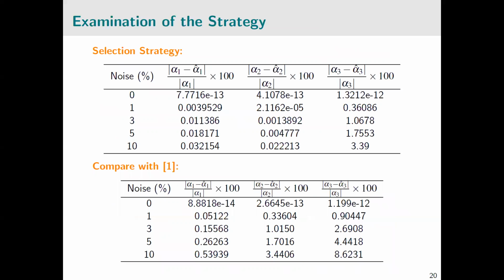And here is the result for the selection strategy. You can see the estimation errors in percent with respect to different noise levels, from the noise-free case up to 10% noise. And we can see the results are very satisfactory. They are even better than the ones we got before when we used only the estimator variance.